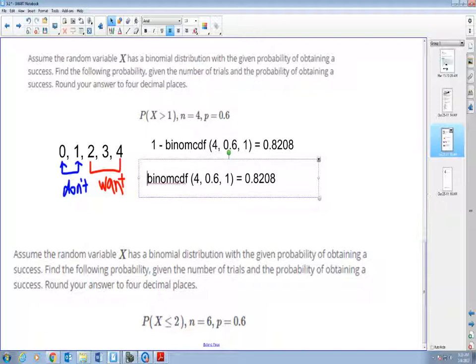So I'm going to do Binomial PDF. Alright, I'm going to find exactly what I want directly. So I'm going to find exactly at 2, my probability exactly at 2.